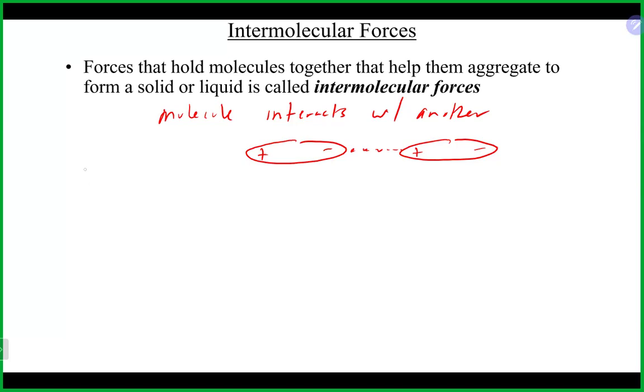So when we get, for example, two water molecules together, water is a polar molecule, which means the oxygen is more negative. The hydrogen side of water is more positive. So when these two come together, they bond here, as we'll talk about, which is known as hydrogen bonding. And that is an intermolecular force.